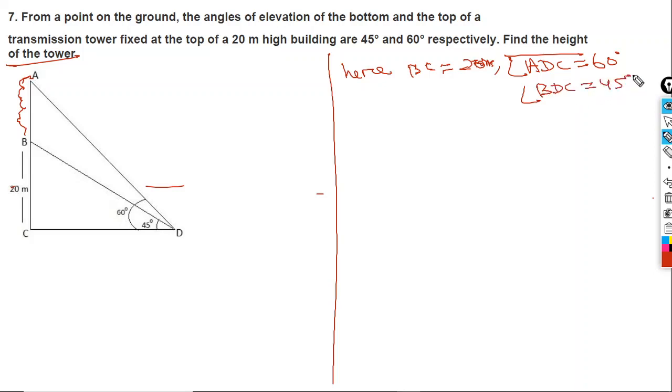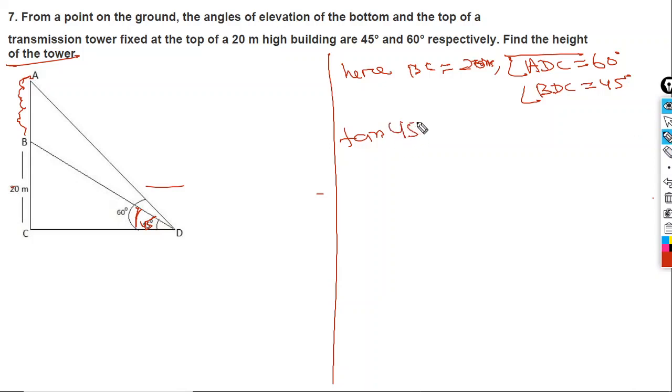This much data is given. Now we will find tan 60, this angle. Oh, this is not 60, this is 45, sorry, tan 45. Tan 45 we have to find.